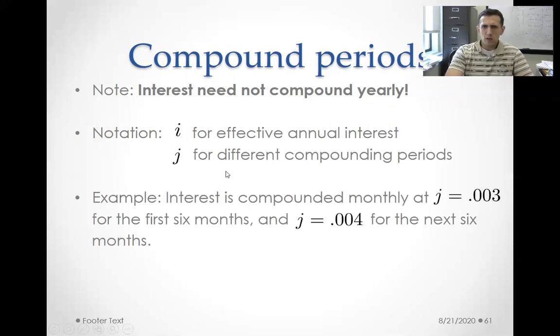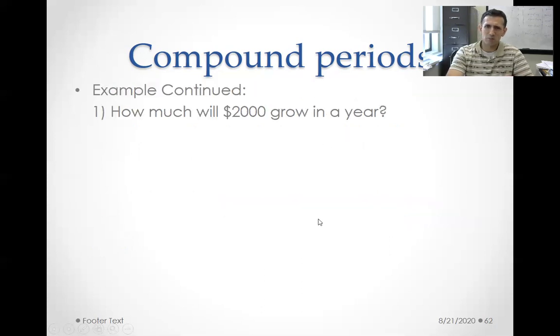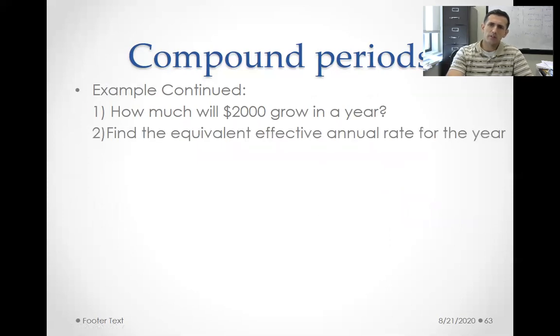So for example, let's say interest is compounded monthly at J equals 0.003 as a decimal for the first 6 months, and 0.004 for the next 6 months. How much will 2,000 grow in a year? And what is the equivalent effective annual interest rate for the year?